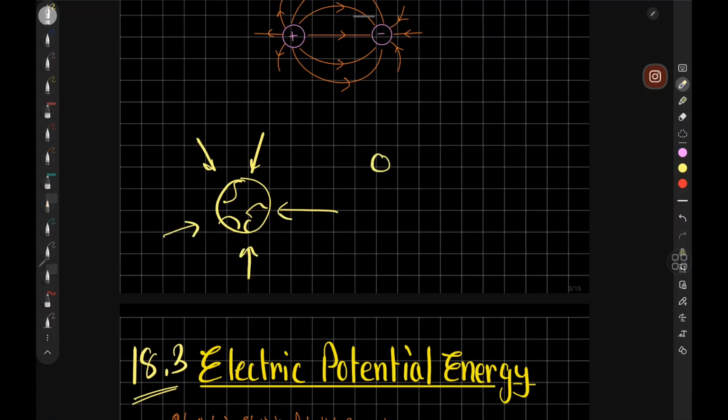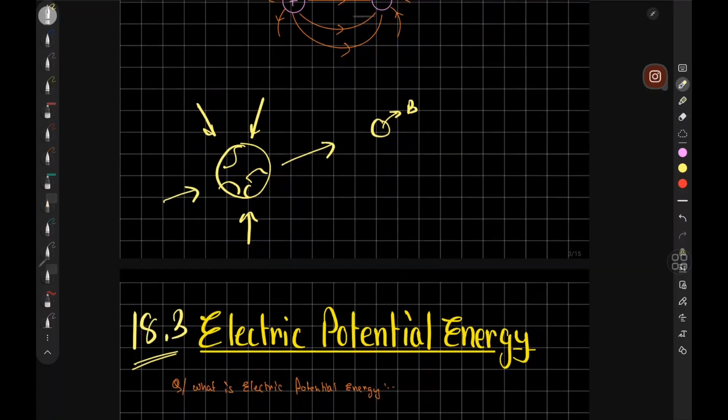Therefore, if there is another small planet, let's name this planet B, planet B will always be attracted towards Earth, and this Earth is going to be attracted towards planet B. So in that sense, we know that the gravitational potential energy is actually always negative.